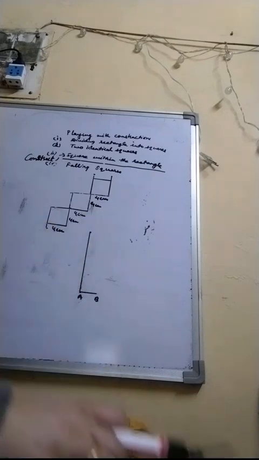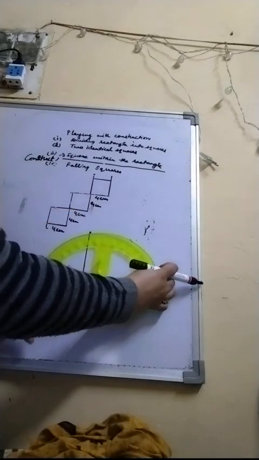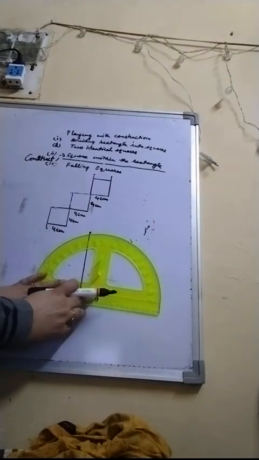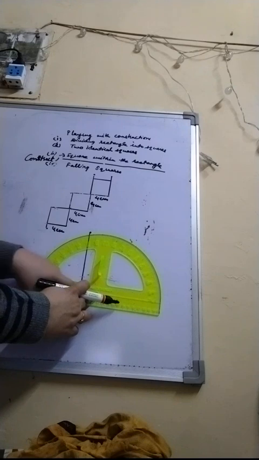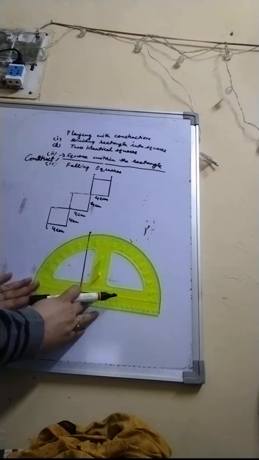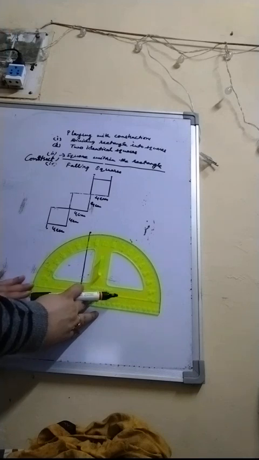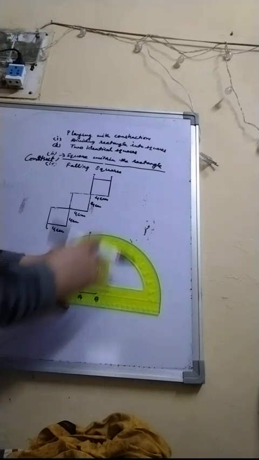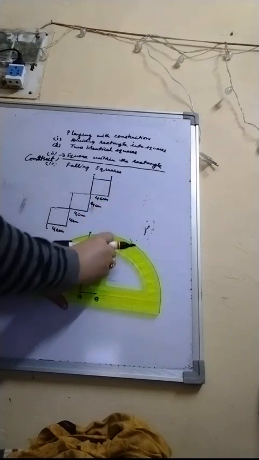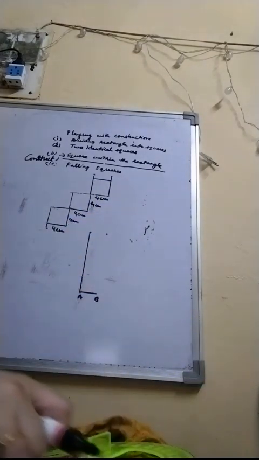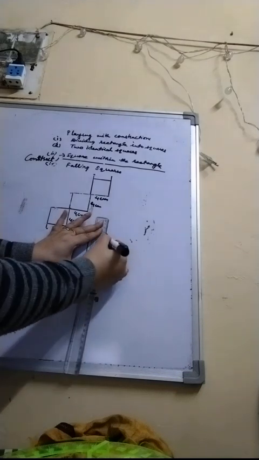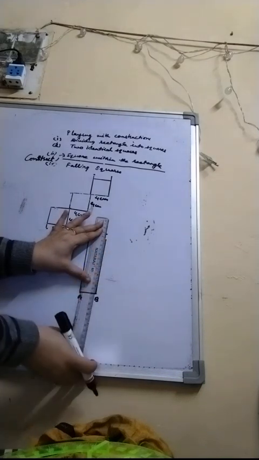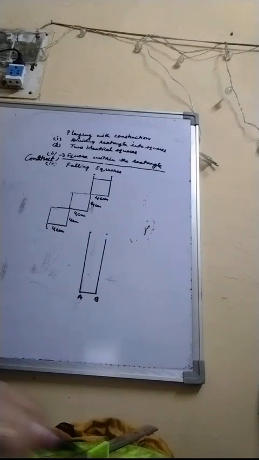Then again you have to draw 90 degrees. Now the center will be B. The side would be on the left side of your hand, and you have to align the 0 line with the protractor line. Start with 0 reading and reach 90 degrees. So in this manner you would join this line also.